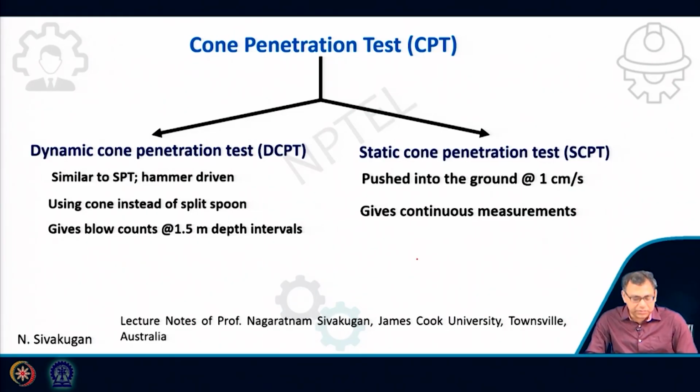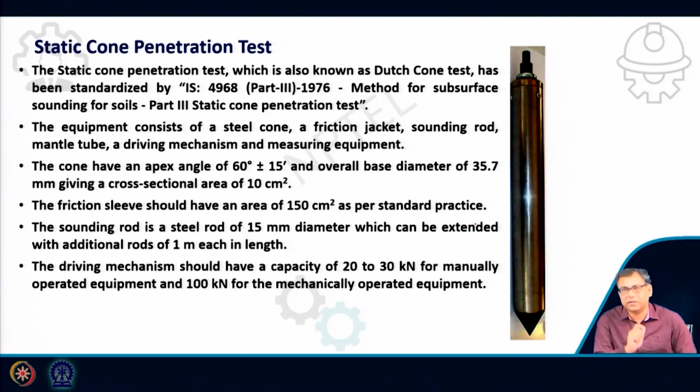Now, in DCPT we use cone, not the split spoon sampler, and it is done at an interval of 1.5 meter. But in SCPT, the reading is given continuously.